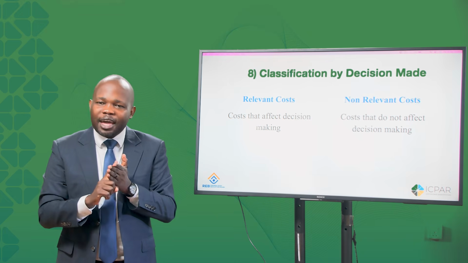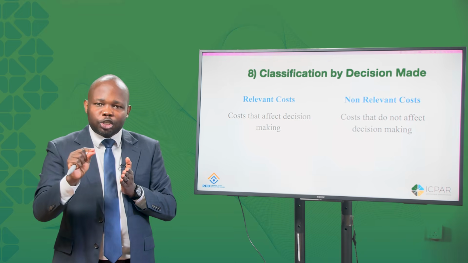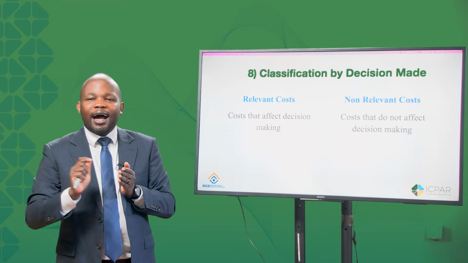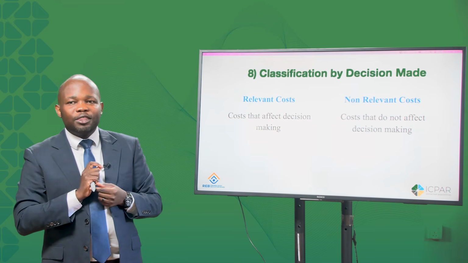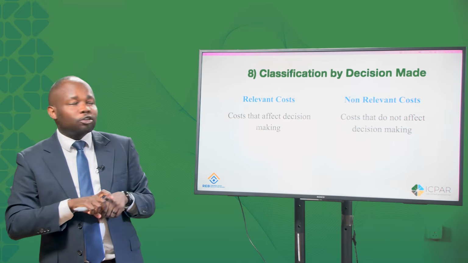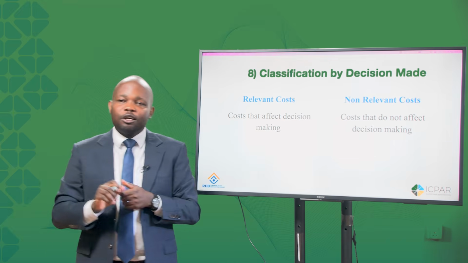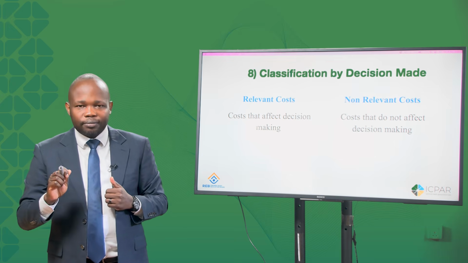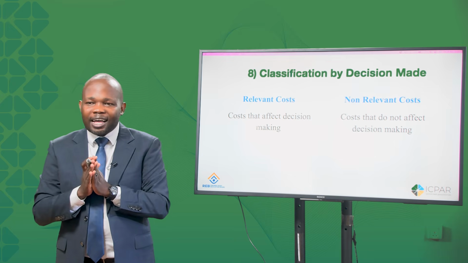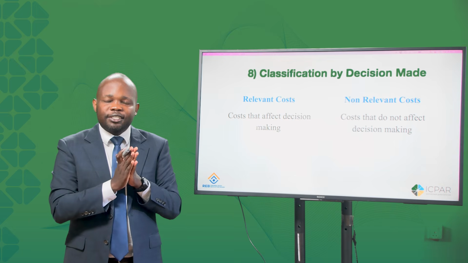Number four, there is the concept of opportunity costs. And number five, the costs are variable. On the other hand, non-relevant costs are costs that do not affect our decision making. And that brings us to the end of this unit.